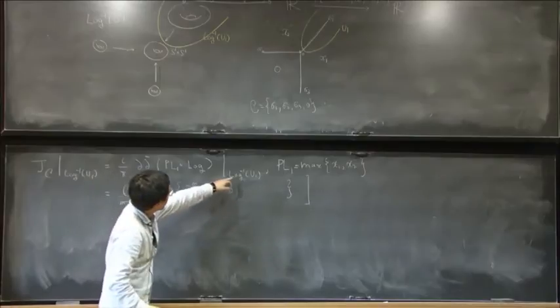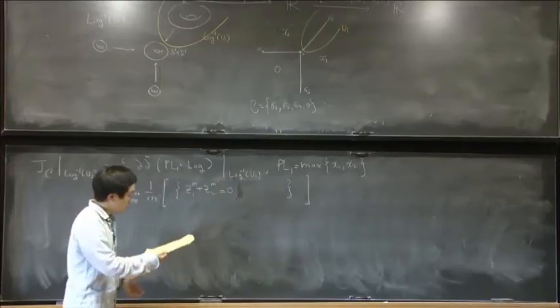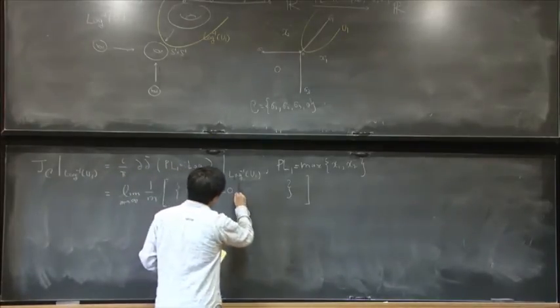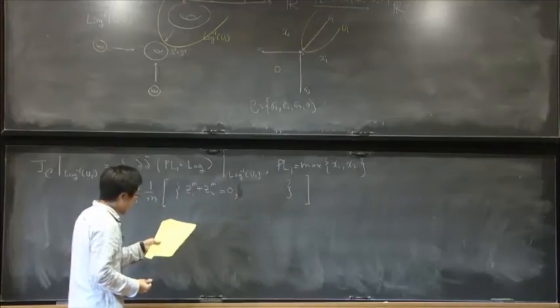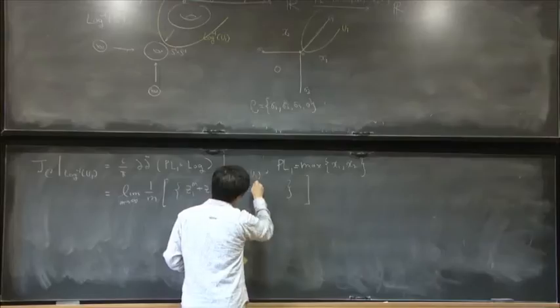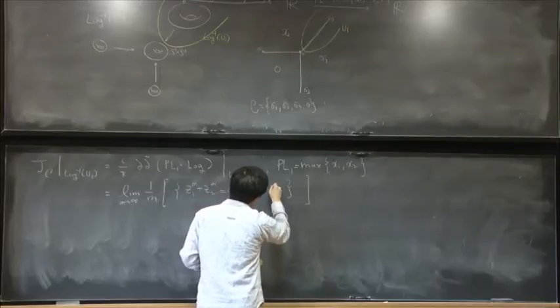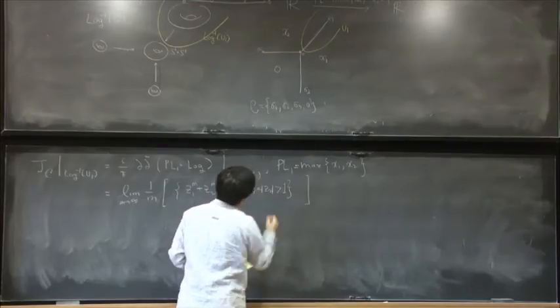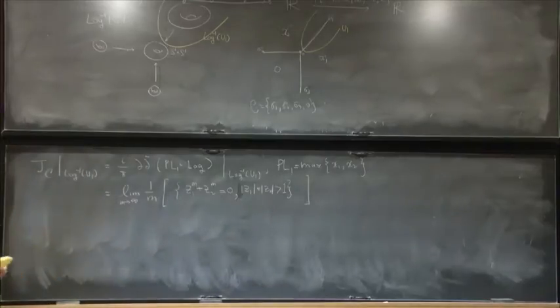But now I'm restricting my attention to log inverse U1, which means that I'm looking at the complex manifold, which is not closed, but which is given by this equation and the condition that the moduli are the same and both greater than 1.